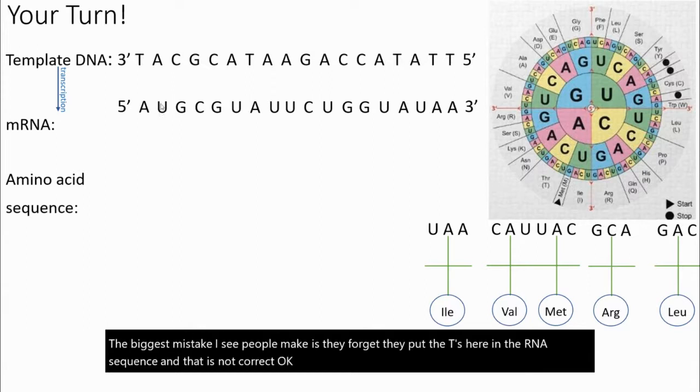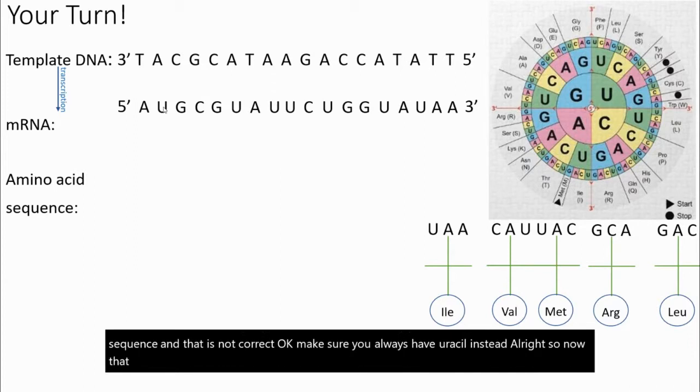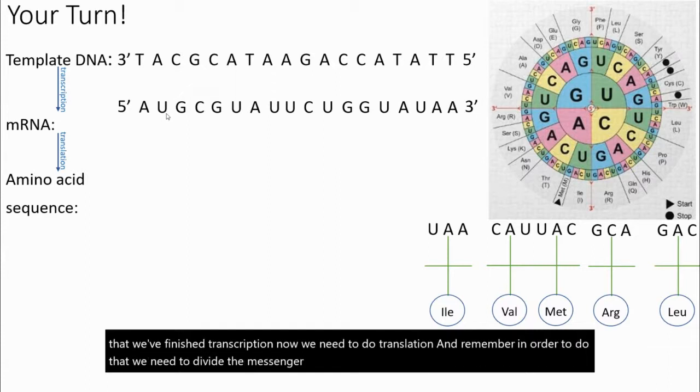Make sure you always have uracil instead. All right, so now that we've finished transcription, now we need to do translation. And remember, in order to do that, we need to divide the messenger RNA into codons, which are sets of 3 RNA nucleotides.